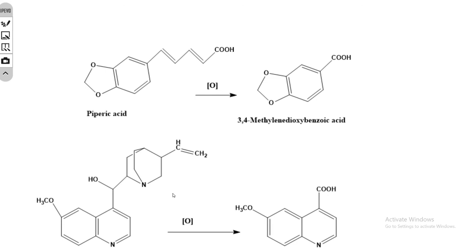This is an example of an alkaloid which undergoes oxidation. Piperic acid, on oxidation, this bond is broken, and here this is oxidized to a COOH group. In the case of quinine, a very important step in the structural elucidation of quinine, on oxidation we get the compound quininic acid, that is, here the bond is breaking.